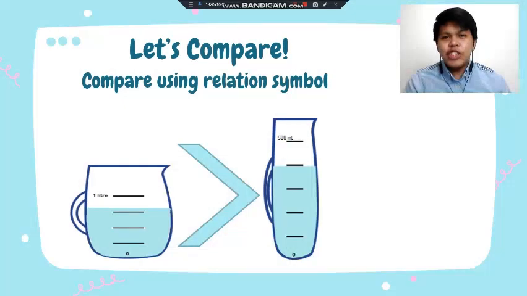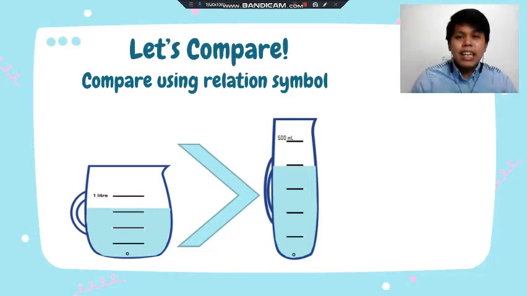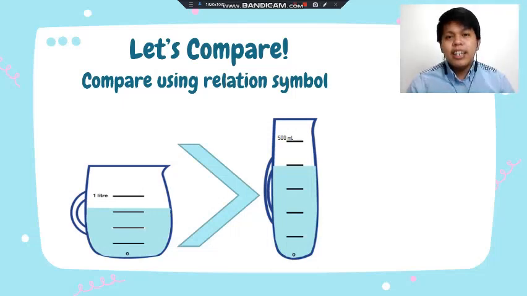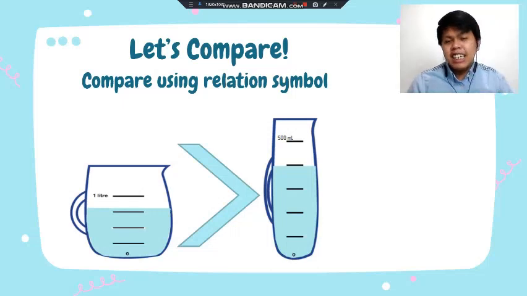Why? Teacher, why is it greater than? The water level in the cylinder is higher than the one in the beaker. Remember, class, you need to check the maximum level or unit that it can reach.